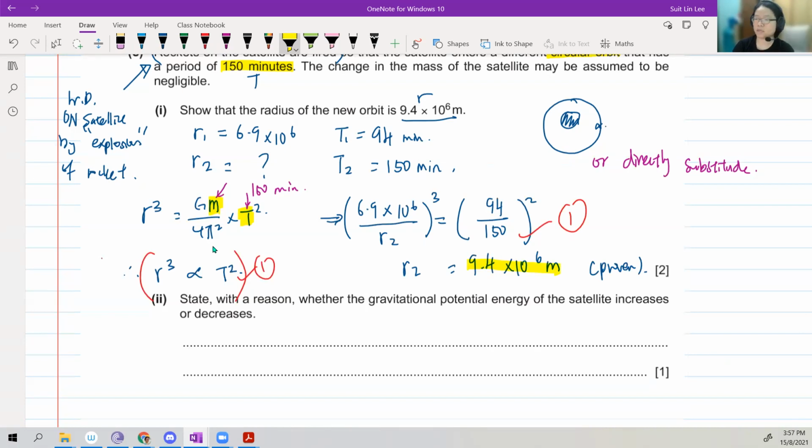Higher orbit. So we know GPE increases because the separation between the satellite and the Earth increases.